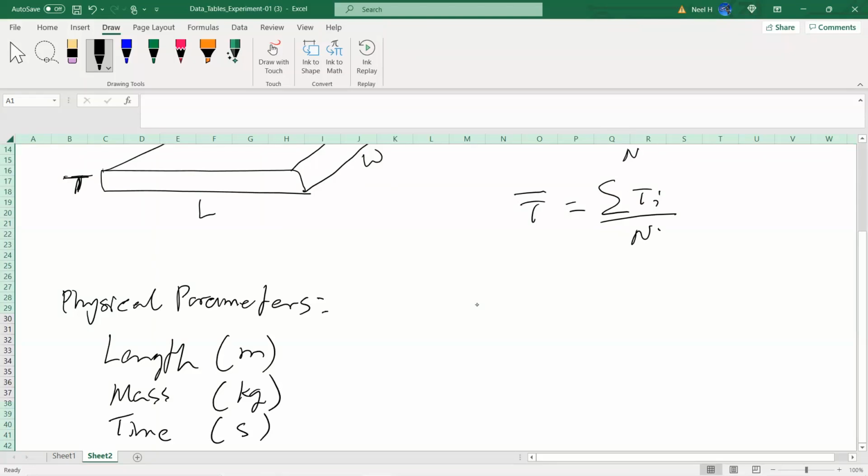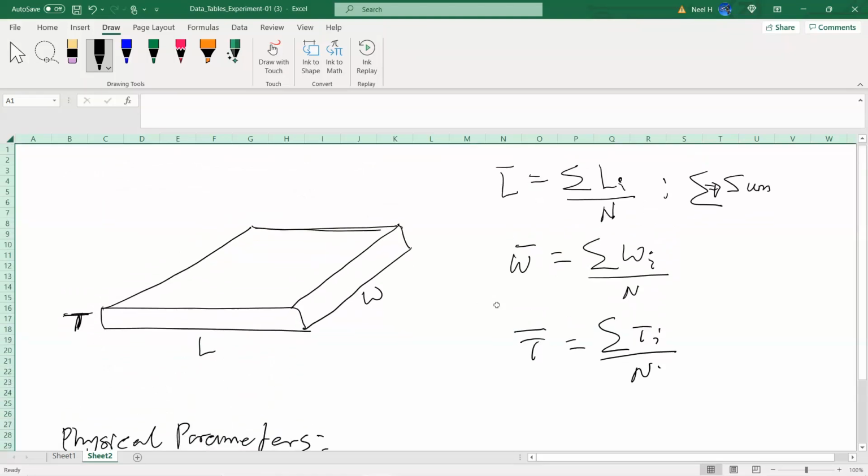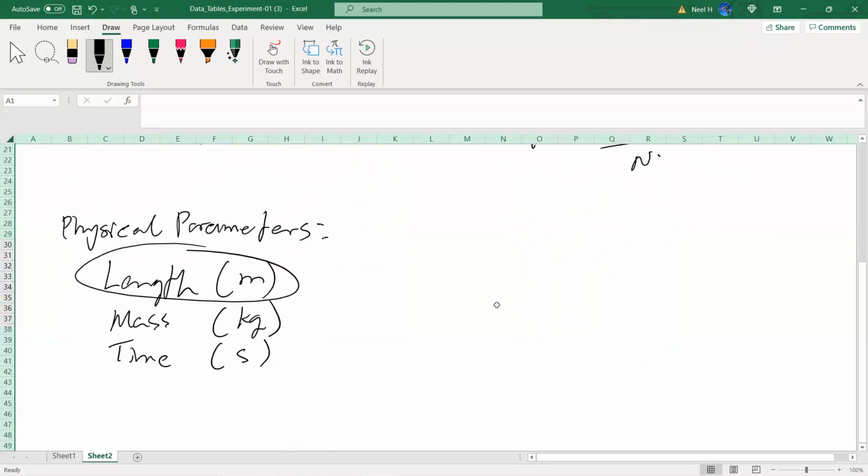This lab is based only on length measurement, okay? So I need to find the apparatus to measure that. This object is very large. Since it is much larger, I can do all the measurements by simply using a meter ruler, right?